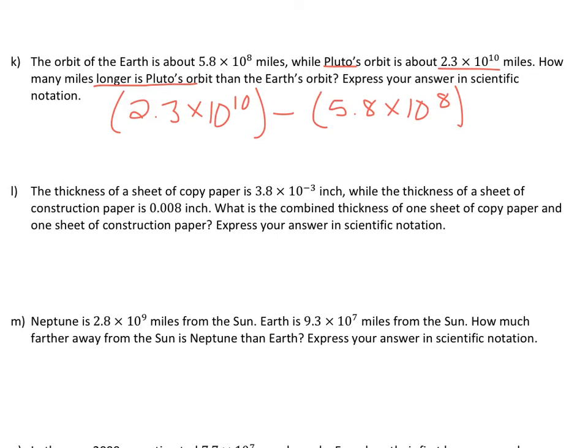For this one, I would choose to plug it into my calculator since the powers of 10 are different. And your calculator gives the answer in scientific notation already for us. So 2.242 times 10 to the 10th. And our answer is in miles.